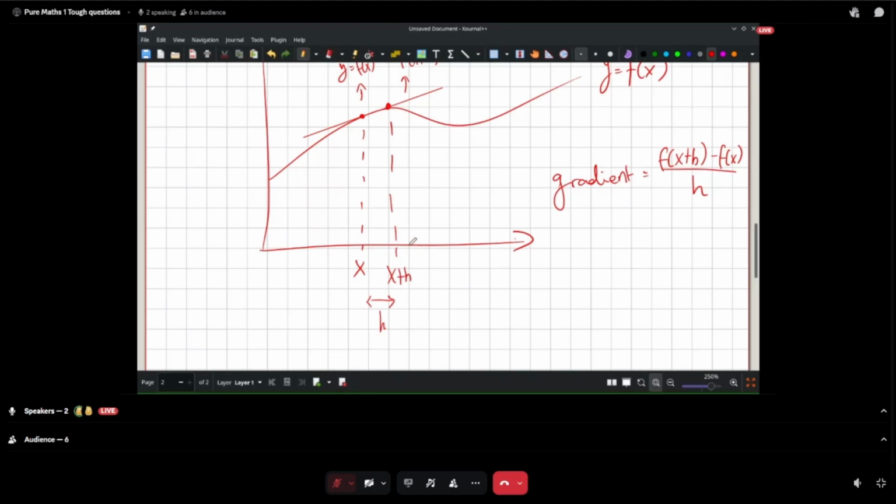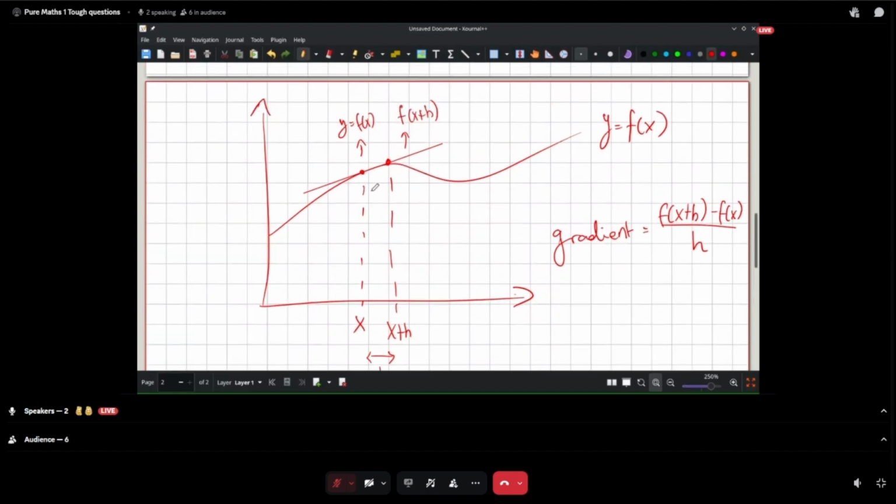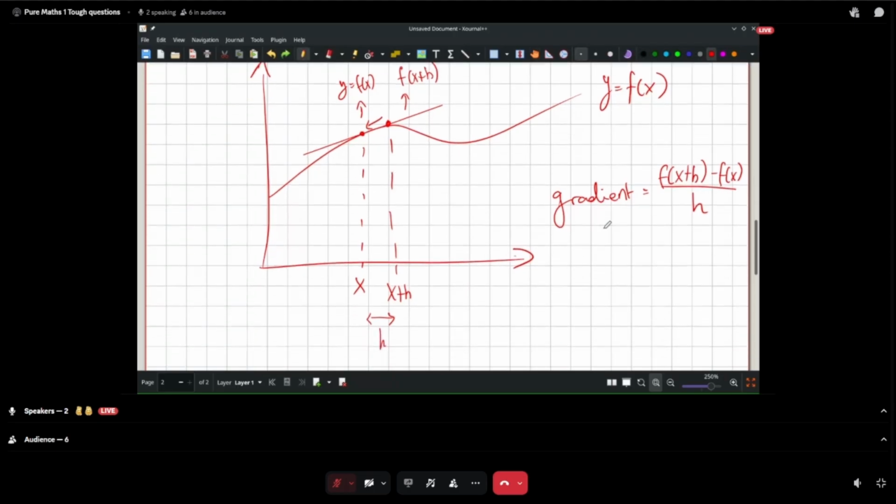And then now you could say, let this point approach x, as in it gets closer and closer to x, but it's never actually x. So if you keep making this point closer and closer, eventually you'll have the rate of change of this function at this single point, not depending on any other point.